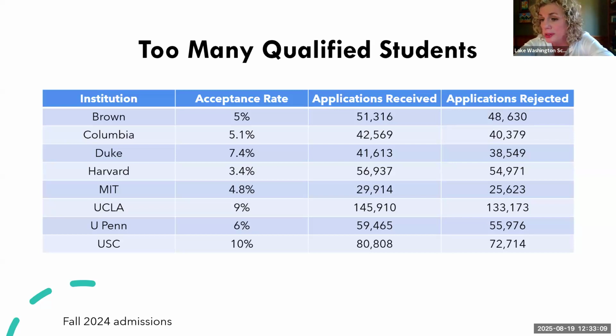MIT, 29,000 applied, 25,000 were rejected. And you can read the numbers there. And admissions officers say over and over again, yeah, 85% of the students who apply, maybe more, are super qualified. We just don't have enough spots for them. And so I just say that.